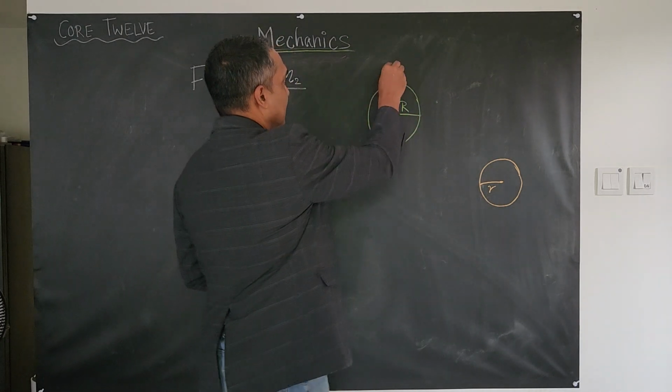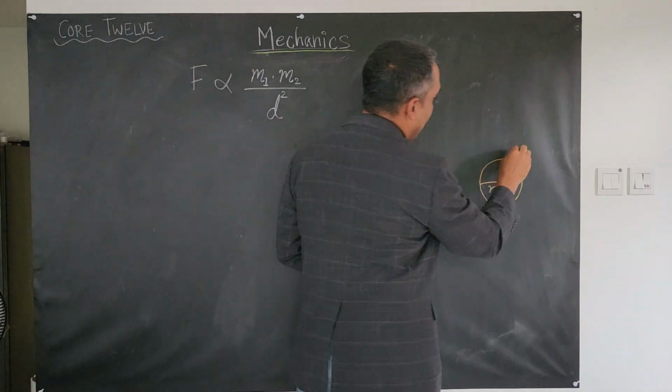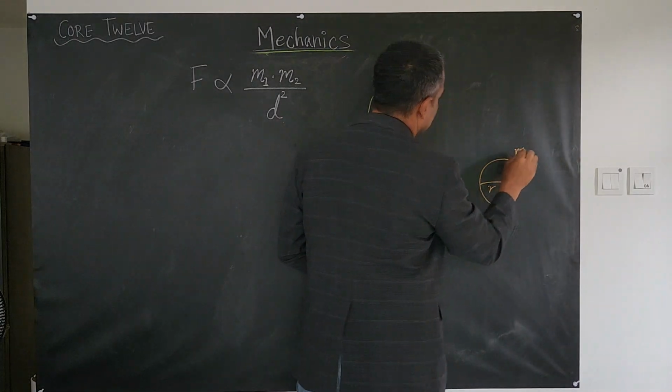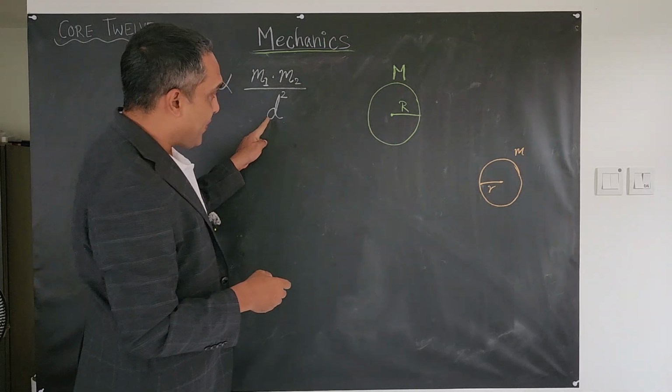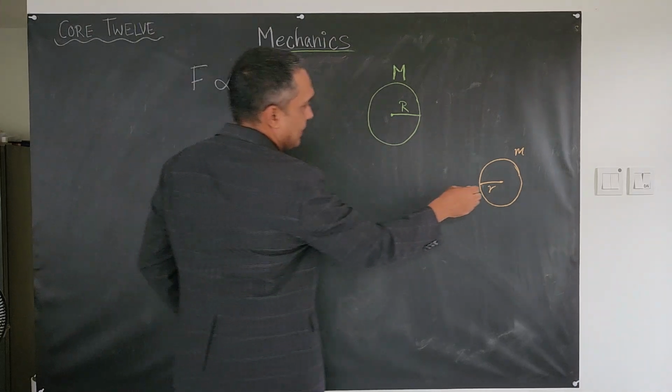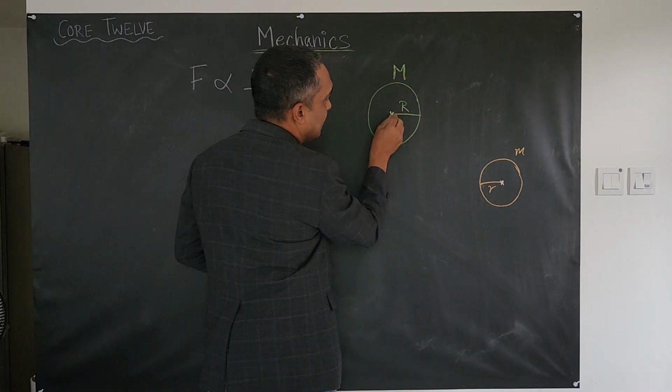The mass of the Earth is uppercase M, and the mass of the Moon is lowercase m. The distance being referred to here is the distance from this point to this point.